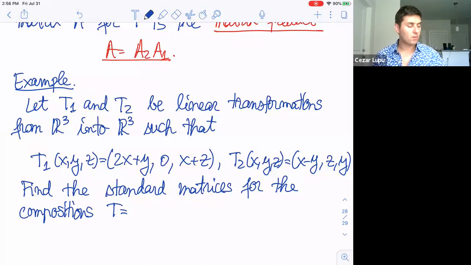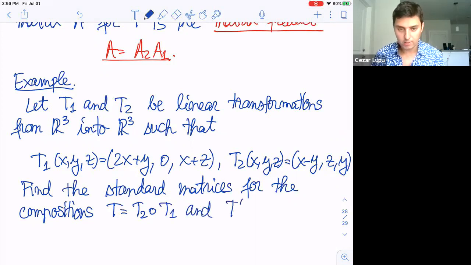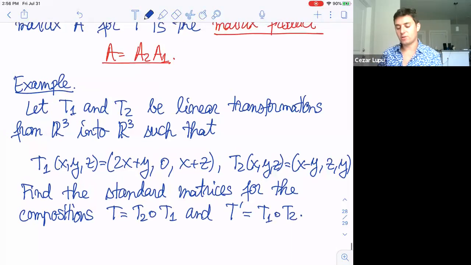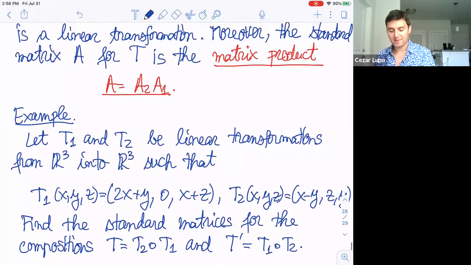As you can see, I can look at T2 composed with T1, but also T1 composed with T2. So let's say T will be T2 circ T1 and T prime, and by the way, this is not the derivative, anyway, is T1 circ T2. Okay, I want you to look at it for a moment.